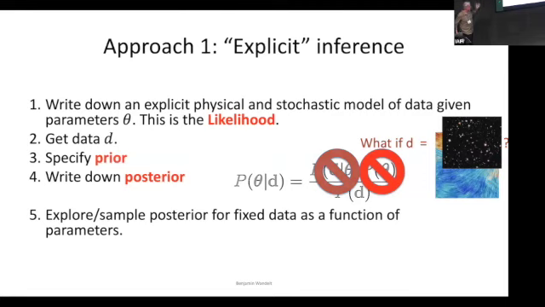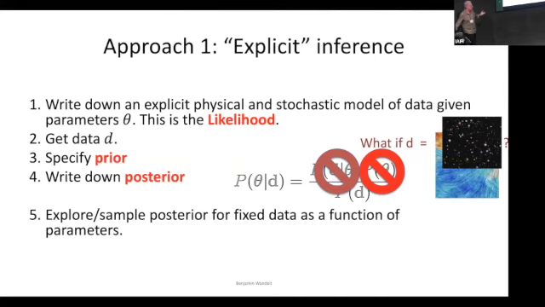Well, what if we don't even have a closed form way of writing down the prior? A lot of people think about the parameters as these cosmological parameters I mentioned, then typically you assume some very broad, not very informative prior. But what if the thing you want to reconstruct might be an object that is produced by a generative model?